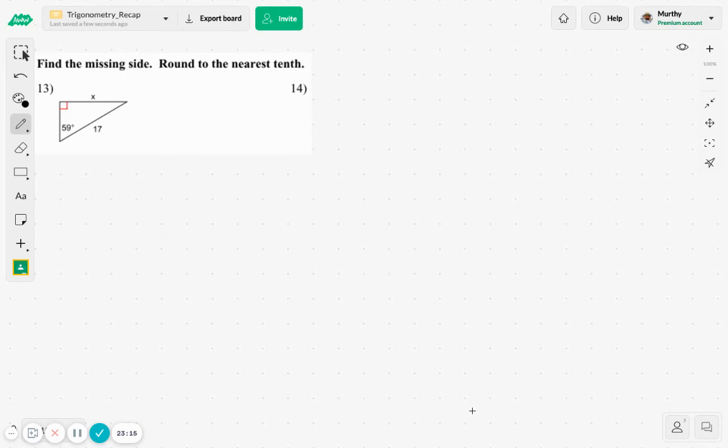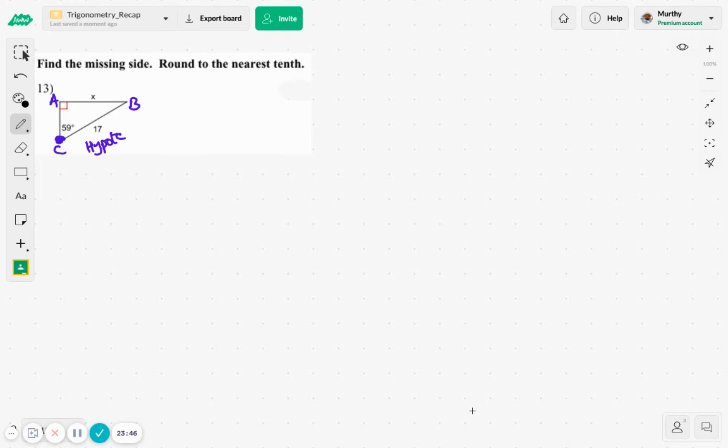This is another question here. Find the missing side, round to the nearest tenth. Here the triangle is not labeled. If you want, you can label it of your choice, like A, B, C. Here angle C is given as 59, and I know that BC is the hypotenuse.